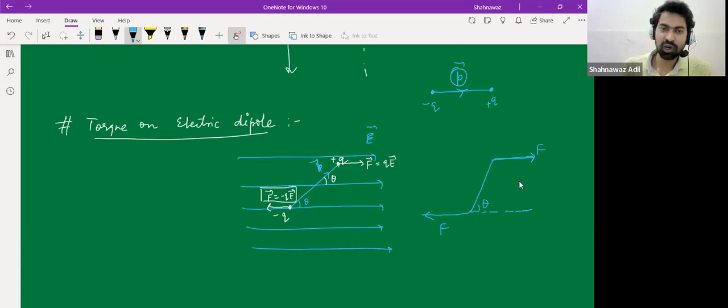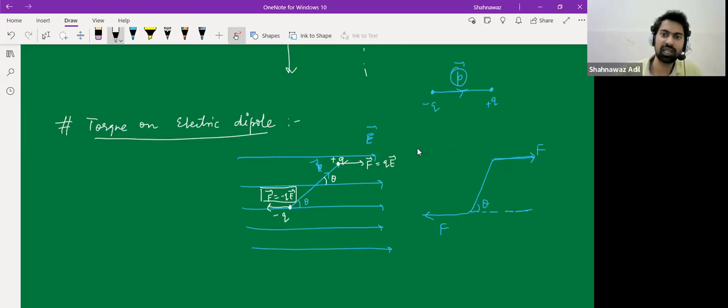What is the line of action here, Mariam? There are two lines of action, right? One in the opposite direction and one in the direction of the electric field.